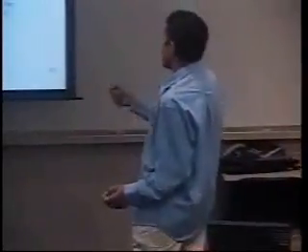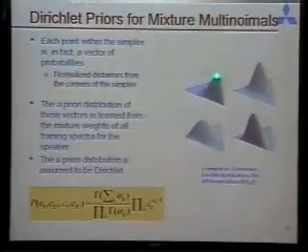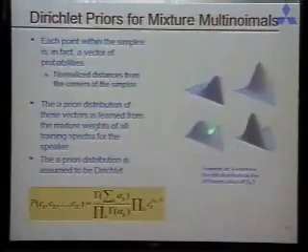The prior probability distribution for the points within the simplex we will assume is a Dirichlet. Here are some examples of what that might look like in a three-cornered simplex. This, for example, says that points are more likely to occur over here than over here. This says all of these regions are more likely than this corner, and so on.